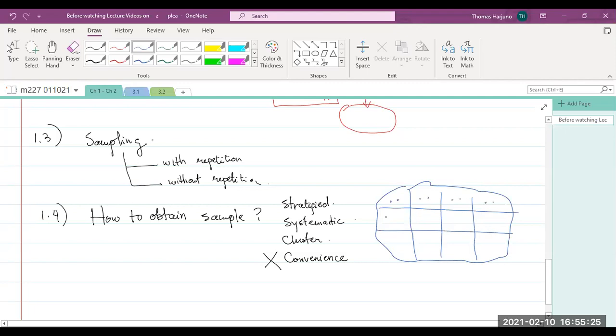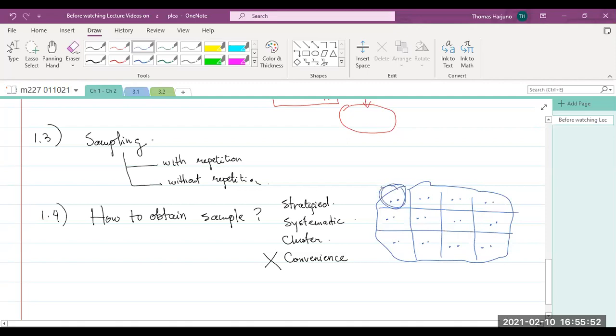Let's say from each group, you take 2 people. How you get those 2 people, you may do it by the systematic method, or another stratified method, or the clustering method. Now, stratified method, basically, you put them into classes and then you take a sample from each class.